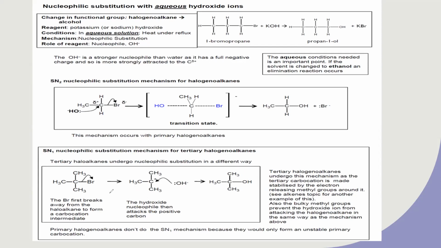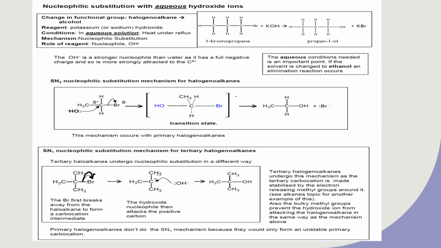Tertiary halogenoalkane, because of steric hindrance, as you can see, this is a tertiary halogenoalkane. So the carbon which is bonded with halogen is surrounded by more alkyl groups, so OH does not find space to attack it. As a result, first the bond between the carbon and the bromine breaks.